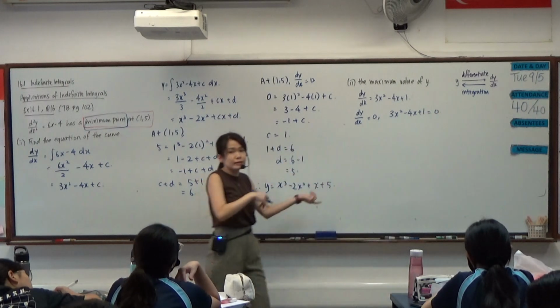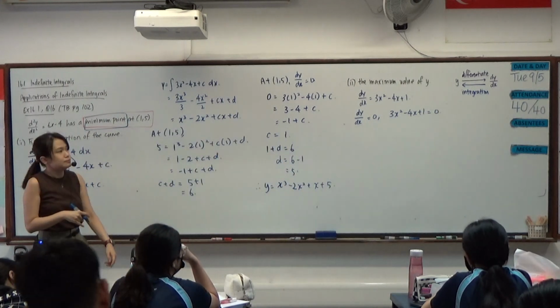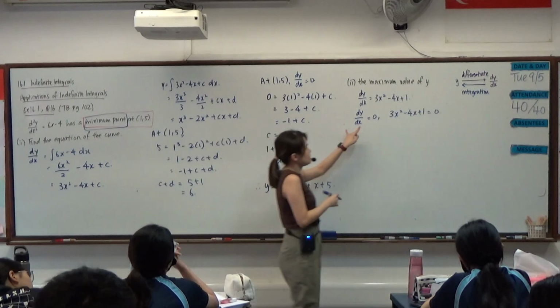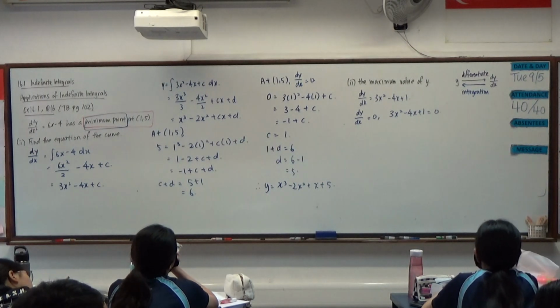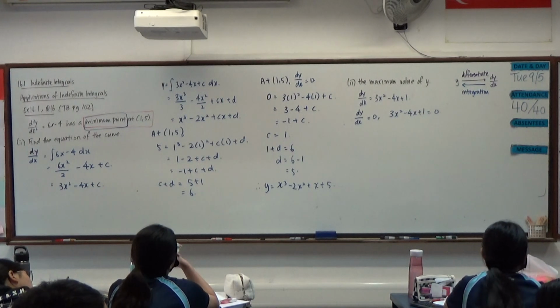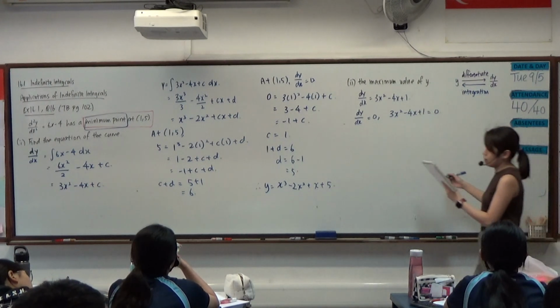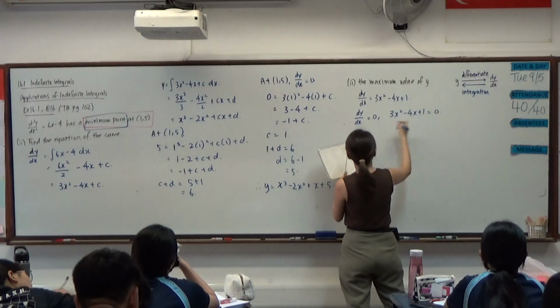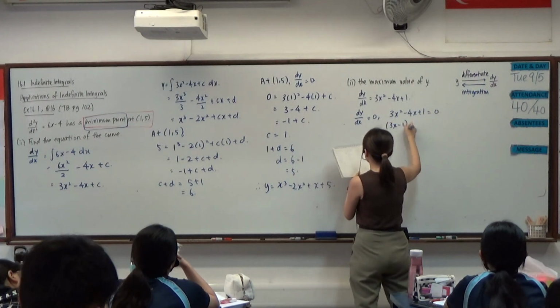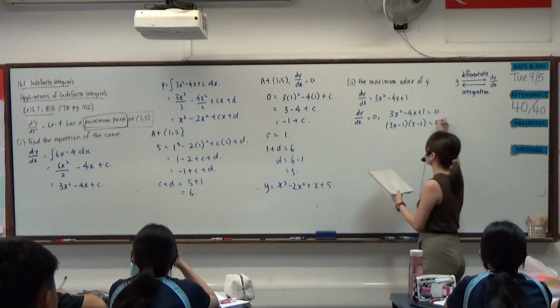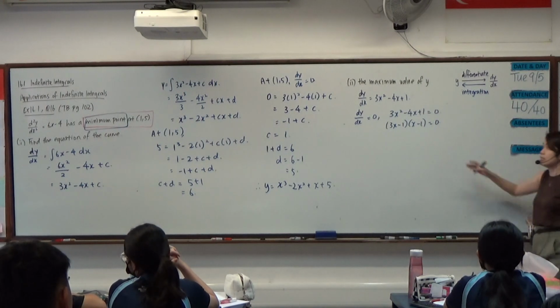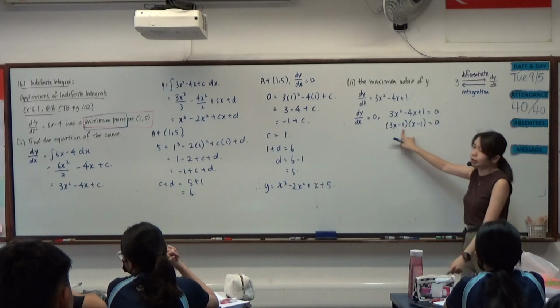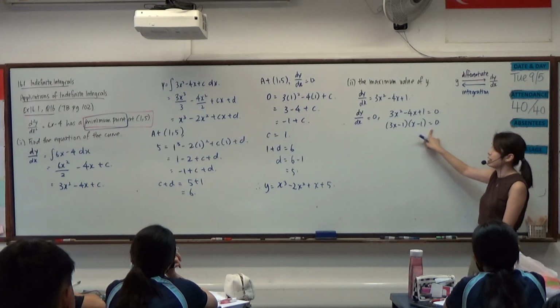So this goes back to our differentiation, whereby we make use of dy over dx equals 0, and then we are solving a quadratic equation. In this quadratic equation, we can factorize it, and we will have (3x minus 1) times (x minus 1) equals 0. I really want to emphasize the importance of writing down this step if you're doing your factorization.